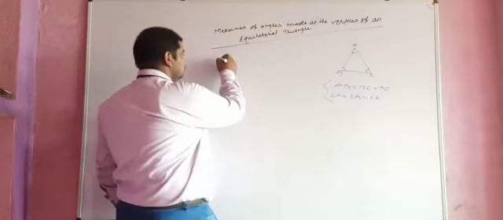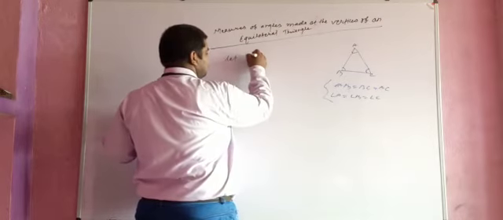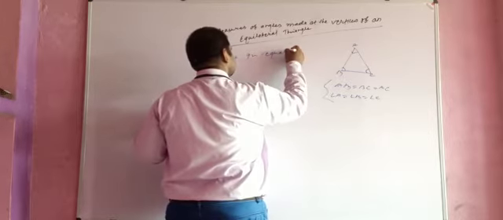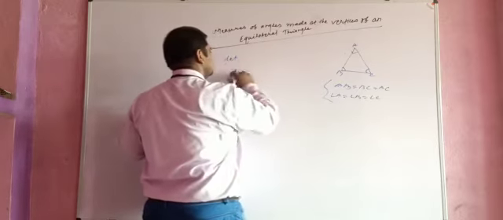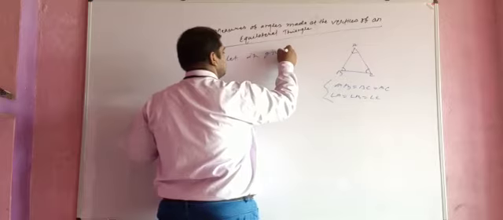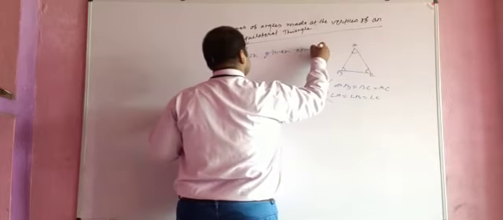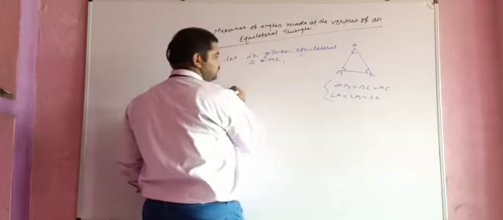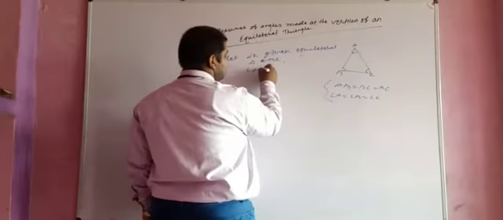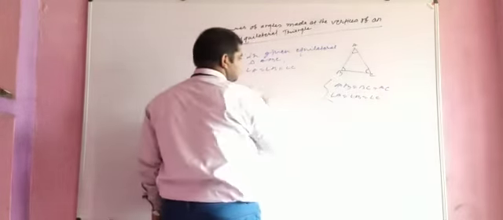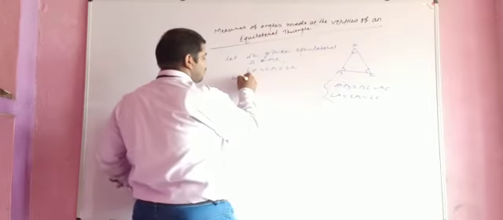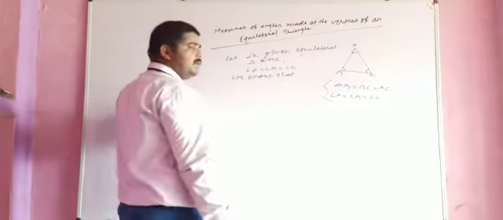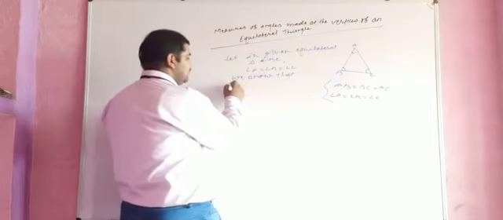We know very well that, let in a given equilateral triangle ABC, angle A is equal to angle B is equal to angle C, and we know that the sum of all angles of a triangle is equal to 180 degree.